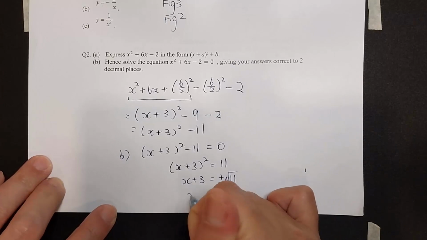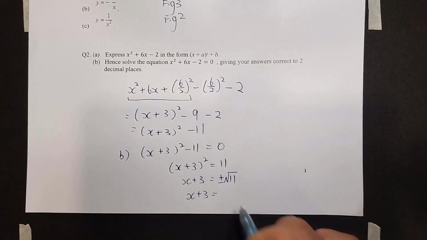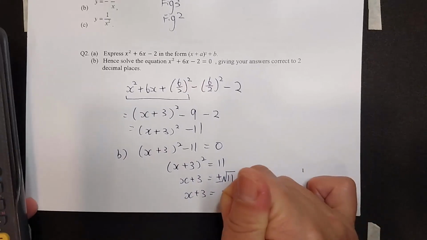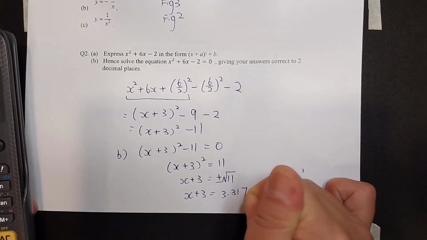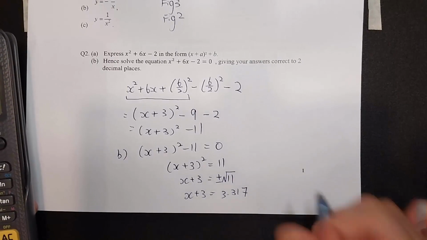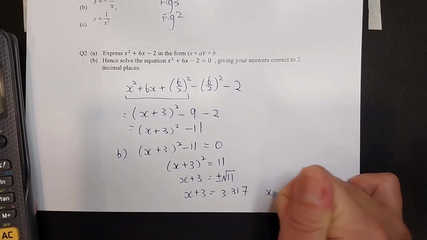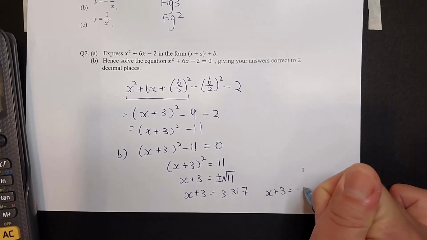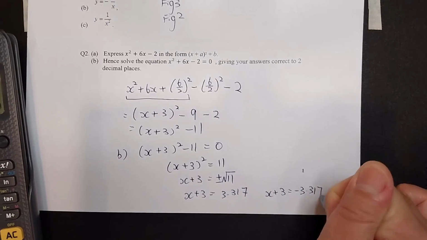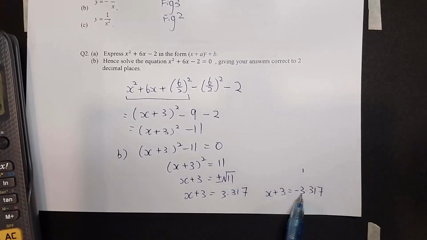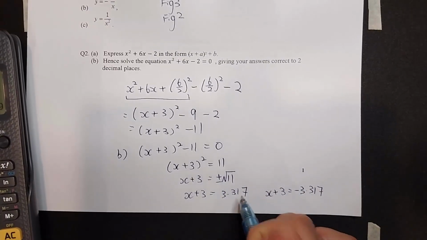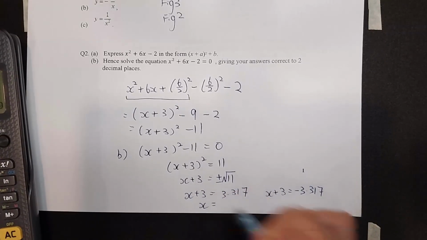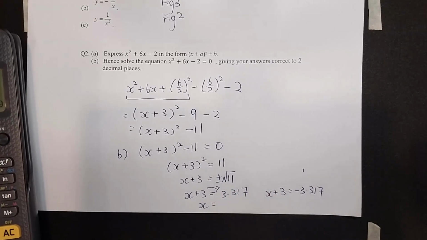And that will give us x plus 3 equals to, now square root 11 will be 3.317. But we also have a negative one, so we can have another equation, negative 3.317, because one is positive and one is negative. Bring the 3 to the other side. So we will minus 3.